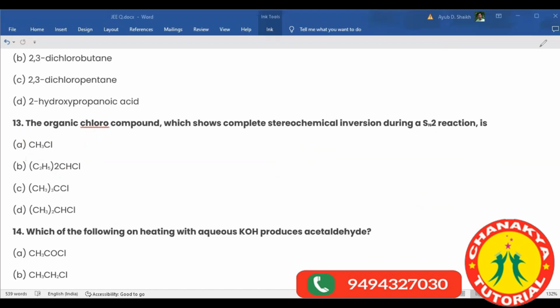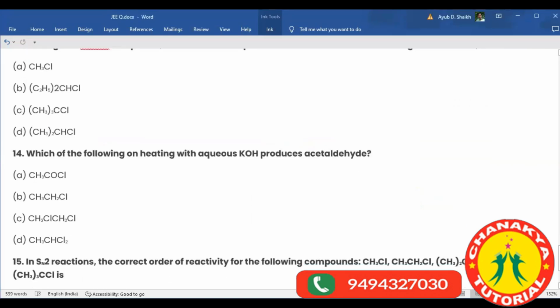Now see the next, 14th question. Which of the following on heating with aqueous KOH produces acetaldehyde?